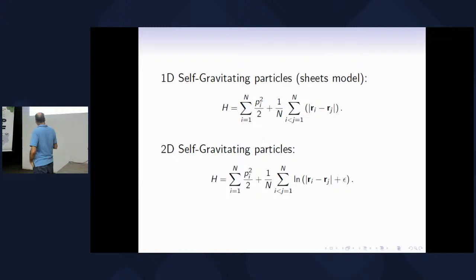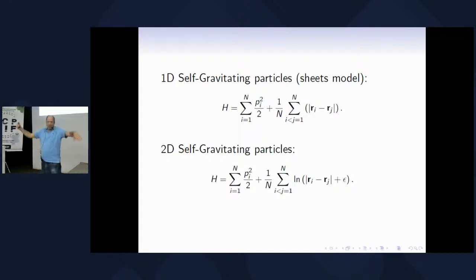We can also have two-dimensional self-gravitating particles. Well, for instance, if you take a galaxy where all the stars live precisely on a plane, the plane of the galaxy, you can model this with this kind of model. And again, this potential is the solution of the Poisson equation in 2 dimensions.